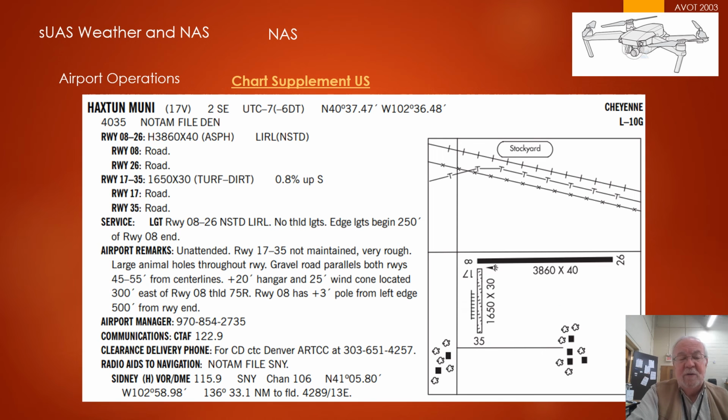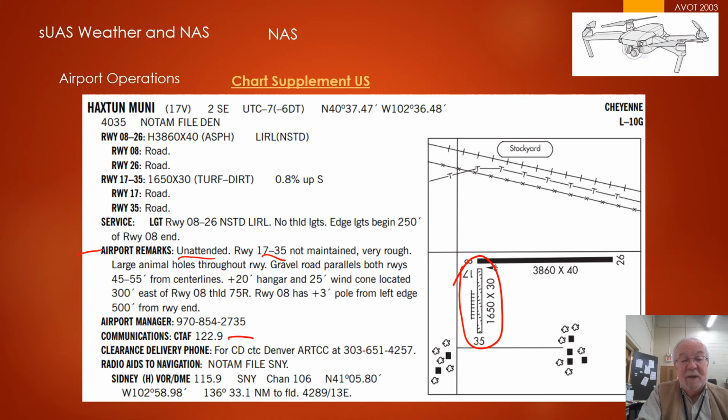Paxton Municipal Airport remarks: unattended, runway 17/35, which is this runway here. Very rough, large animal holes throughout the runway, gravel road parallels both runways. Not a very appealing description. Runway 8 has a 3-foot pole 10 feet from the left edge, 500 feet from the runway end.